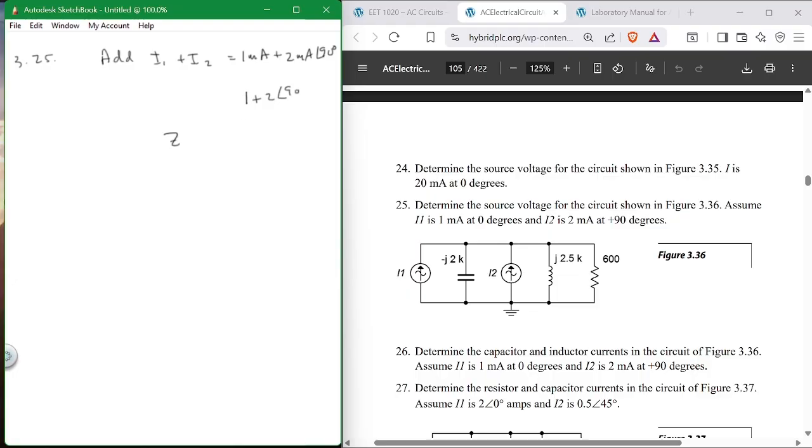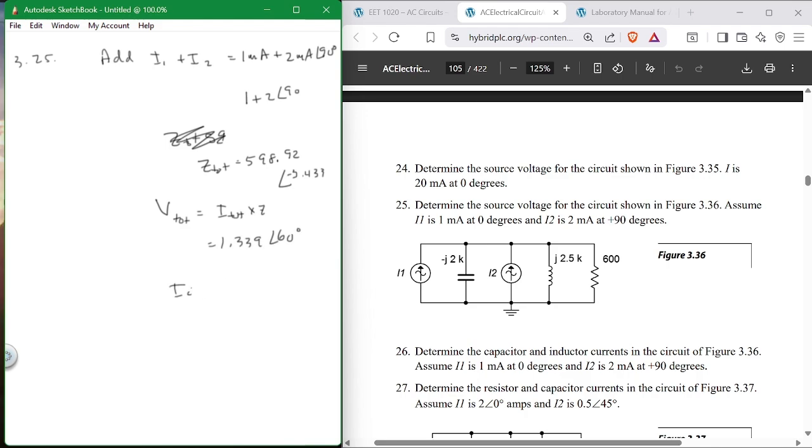Yes, you can. What's Z total? What it was before, 598.92 at angle minus 3.433 degrees. So what is V across this circuit? V total, or just V, is equal to what? I total times Z, or 1.339 at 60 degrees.